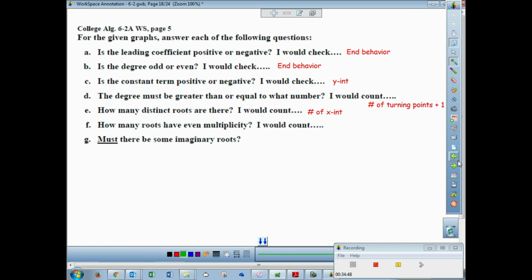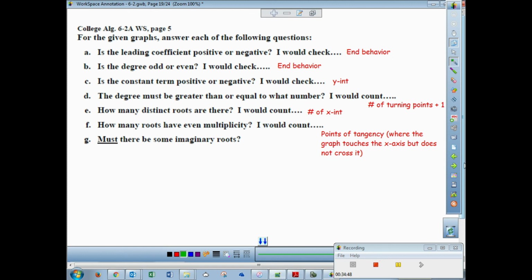How many roots have even multiplicity, though? Some of those roots, some of those x-intercepts are fancy, right? They have more than one root there because that was called a point of tangency.